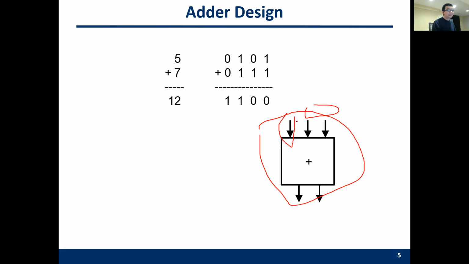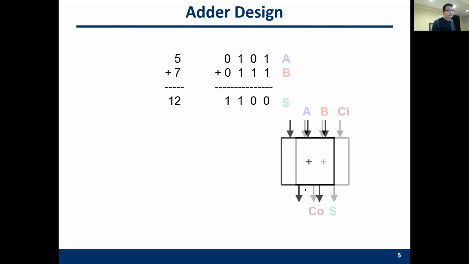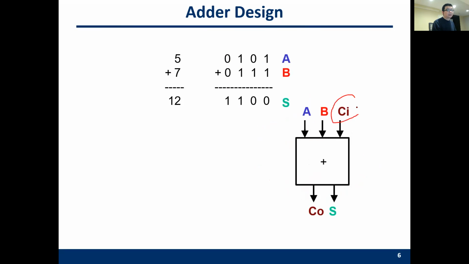So this is the carry in. For the result, we have a sum and a carry out. This is A, B. A and B are the operands. CI is the carry in. And we also have a CO. CO is the carry out. And S indicates the sum. So if you have any question, please interrupt me at any time.